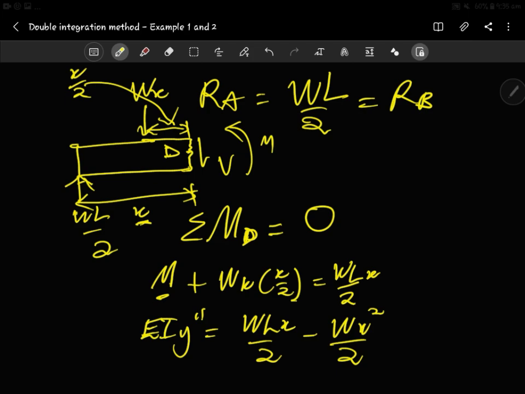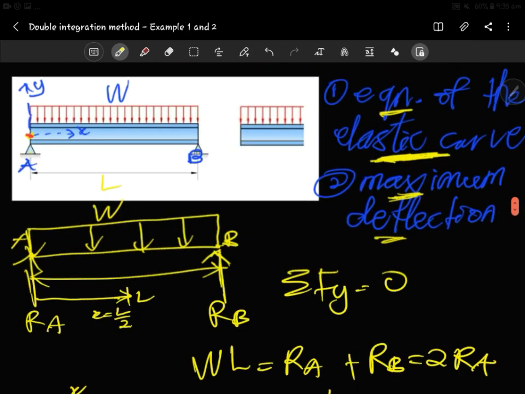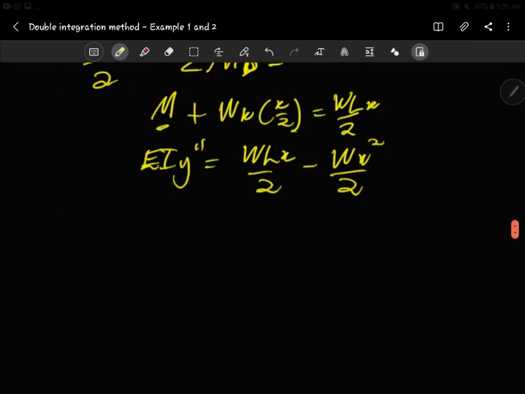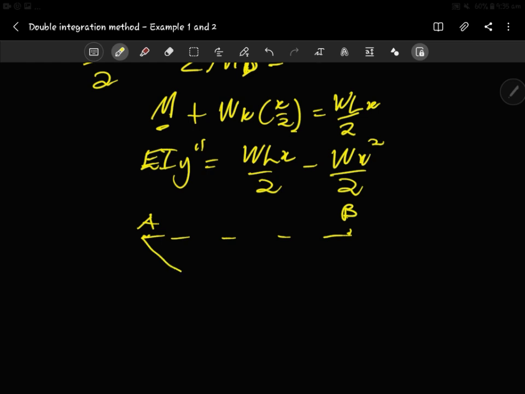Our aim is to find the equation of the elastic curve and the maximum deflection. Now that we have this, there's something we must make clear. If this is the beam again, this is the initial point, and these are points A and B. If we apply that linear distributed force, it will deflect this way.